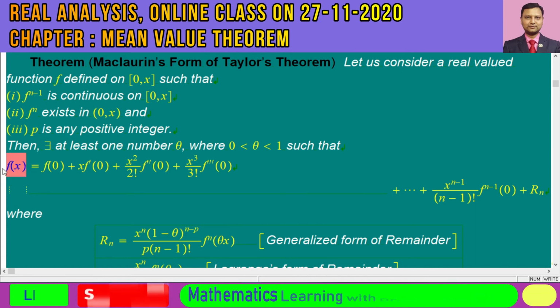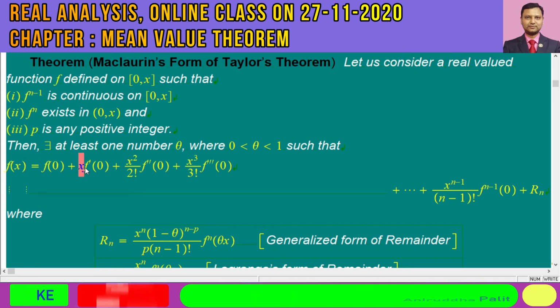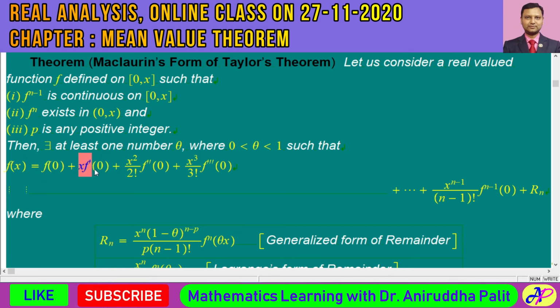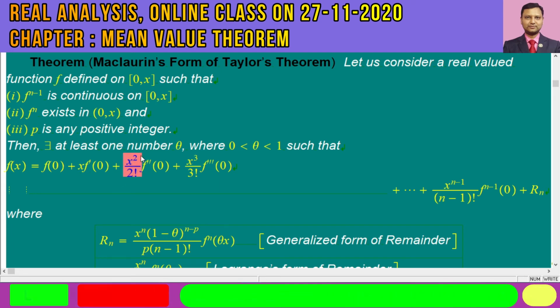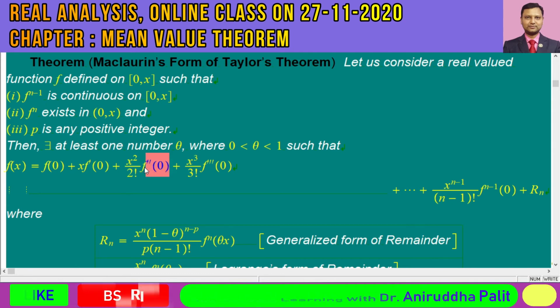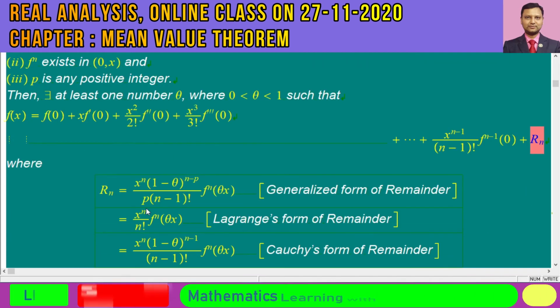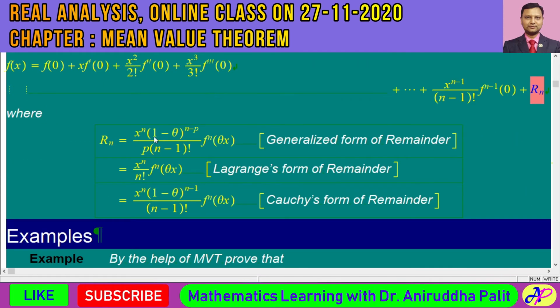So we will have f of x is equal to f of 0 plus x into f dash 0 plus, in place of h we have x. We previously had h square by factorial of 2, now we will have x square by factorial of 2 multiplied by f double dash 0, and so on and so forth. In this way, we will have the remainder after n terms, and these are the corresponding expressions.